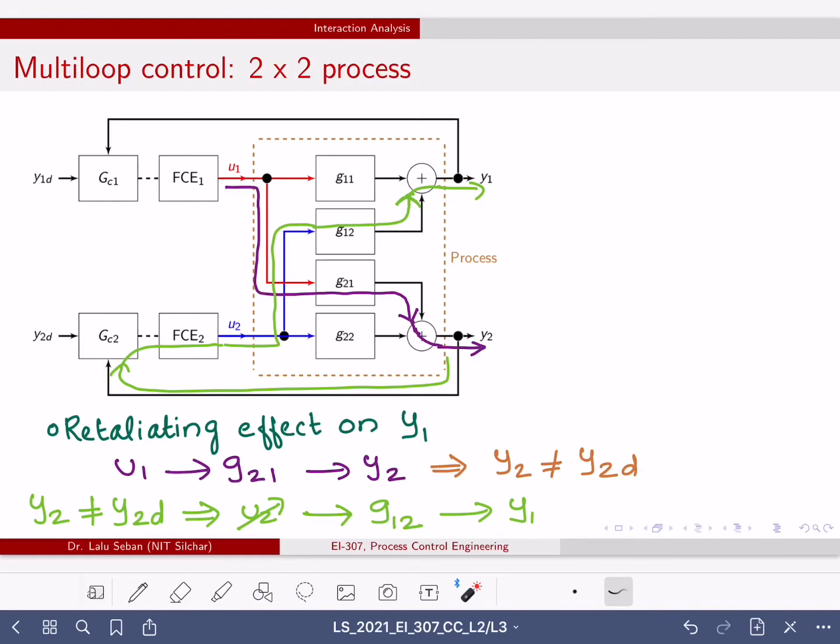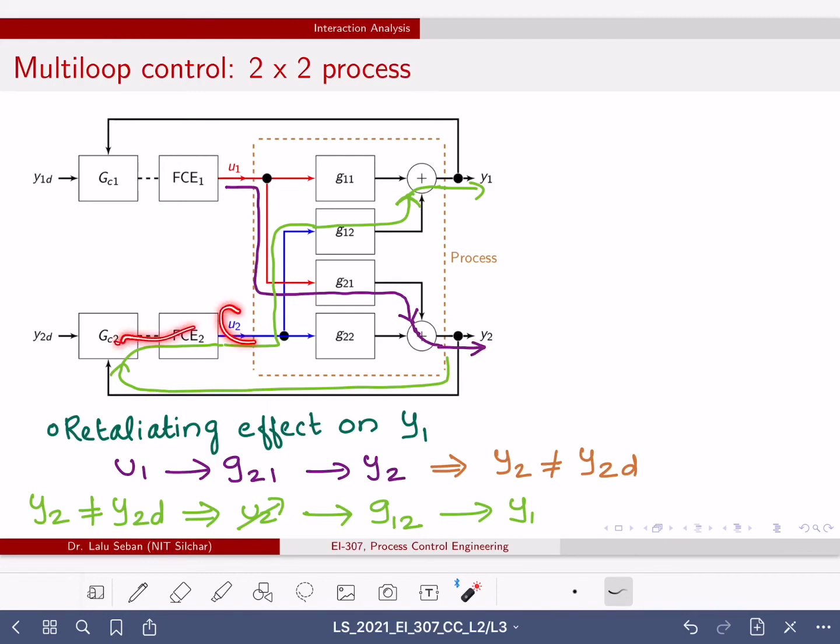Initially, y1 was equal to y1 desired, and y2 was equal to y2 desired. We made a small change in y1 desired. So u1 changes, and it had a direct effect on y1, but y2 is also related with u1 through g21. In the violet color, we can see the relation of u1 on y2. So when y2 is different from y2 desired, what is going to happen?